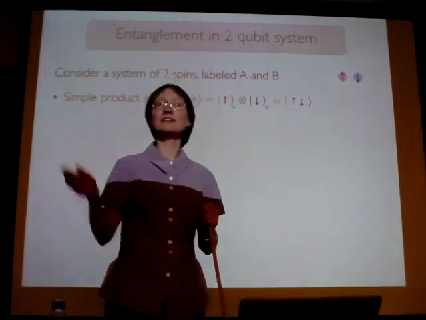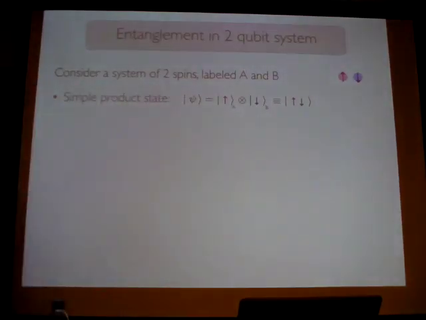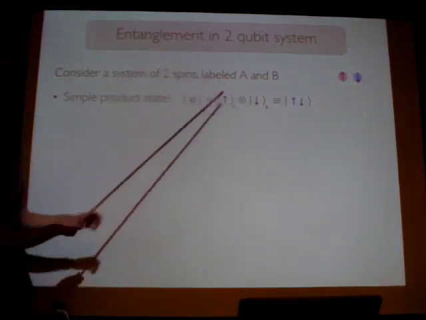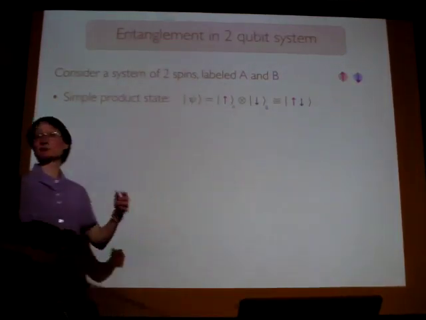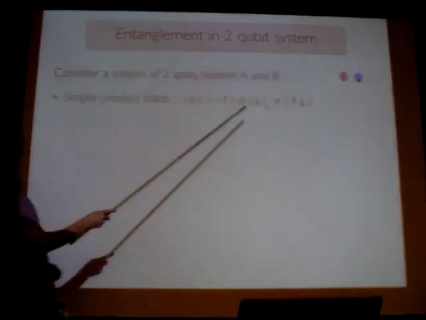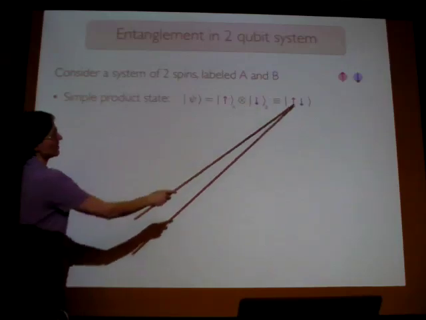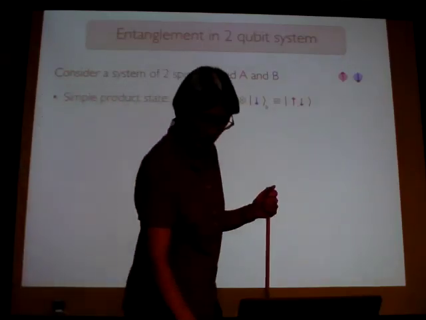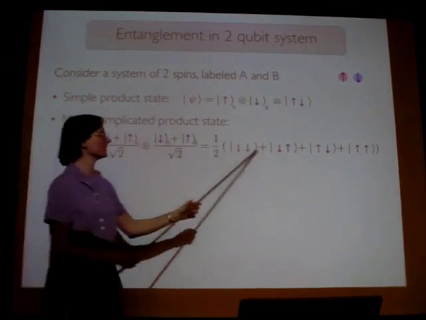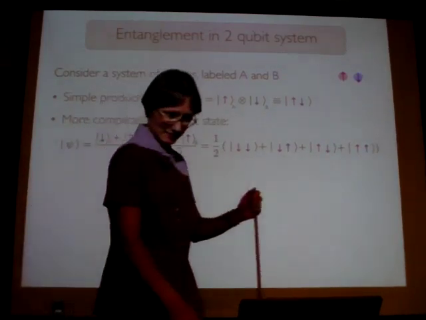Just to give you a feel, very briefly, for a very baby problem, the simplest thing you might have: a 2-qubit system, say 2 electrons, A and B, which can each be in some superposition of spin up and spin down. A simple product state where A is up and B is down can be written like this. A more complicated product state where each of them is in some superposition is written like this.